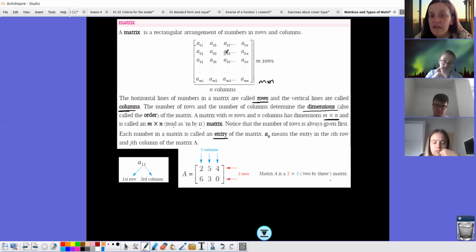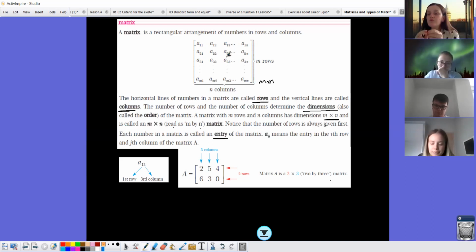Let's say A23, it's second row, third column. These numbers show you where your entry is, in which row and in which column. For example, A13 is first row, third column.